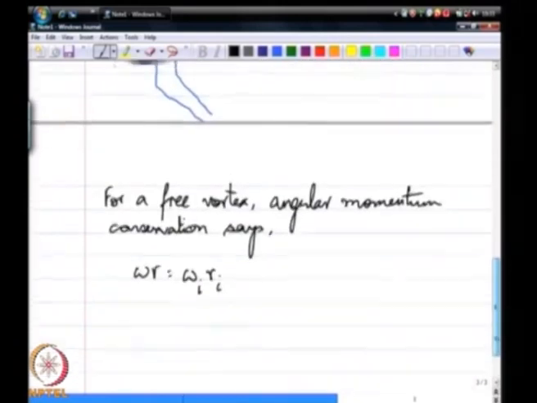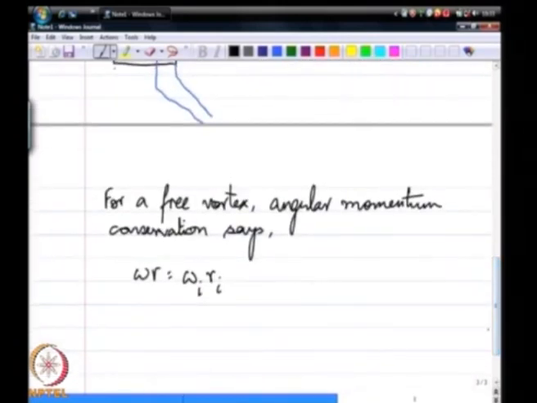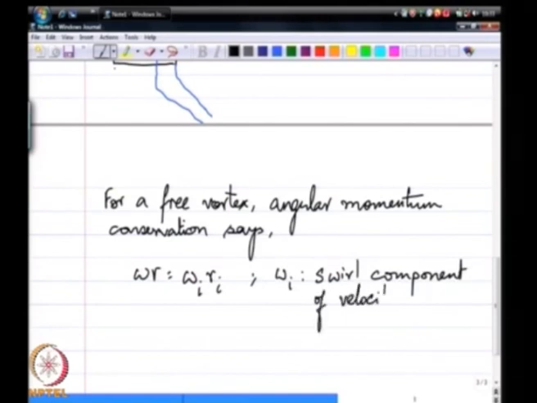If I want to know what the swirl velocity is at any r location, and if W I is the swirl component of the velocity at the inlet, R I is of course the radius of the slots in the distributor.